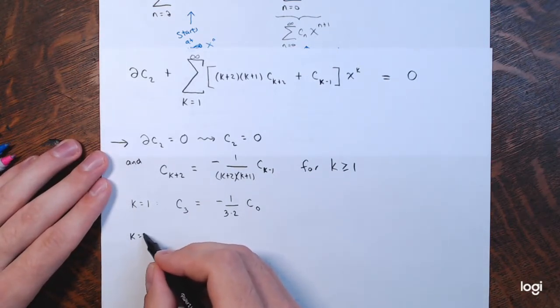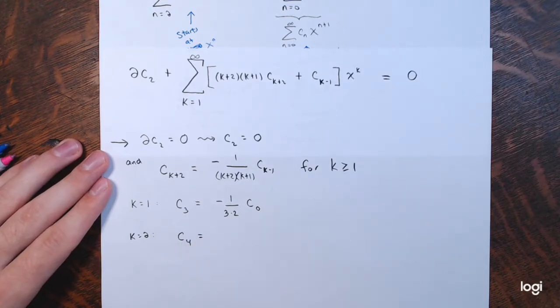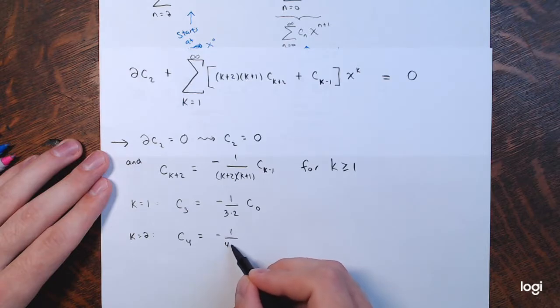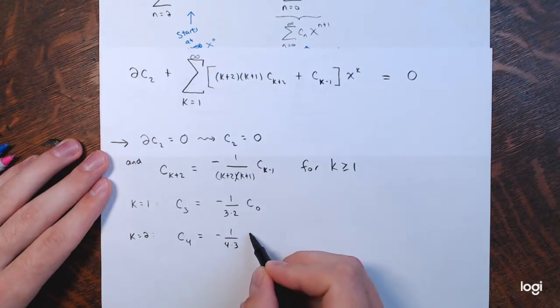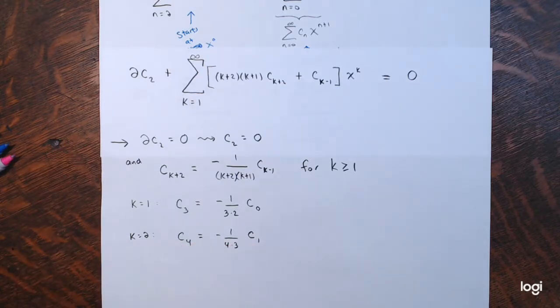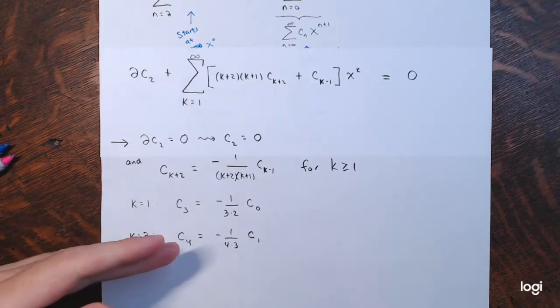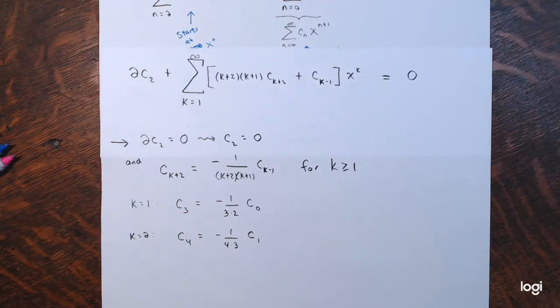When k equals 2, we'd have c sub 4, the fourth constant, be negative 1 over 4 times 3 times c1. So c4 depends on the value of c1. So again, it's looking like some terms will depend on c0, some terms will depend on c1. And again I'll have a 2-parameter family of solutions.